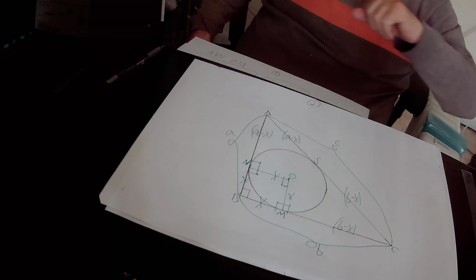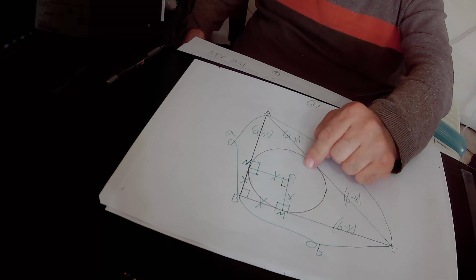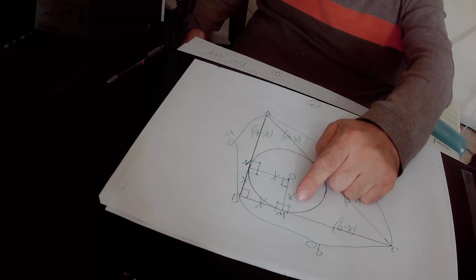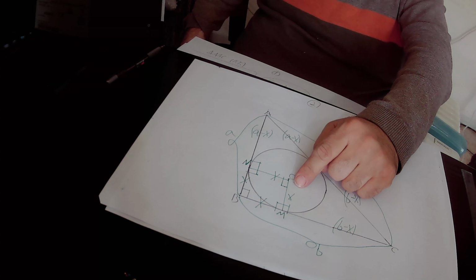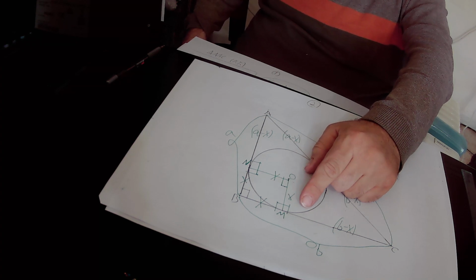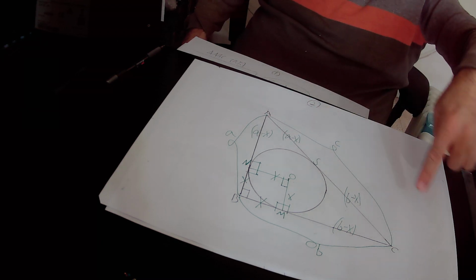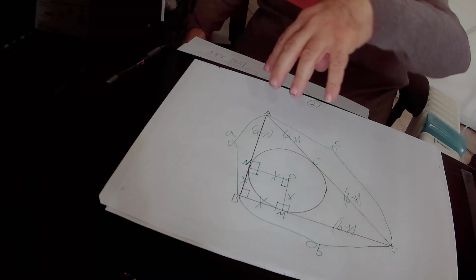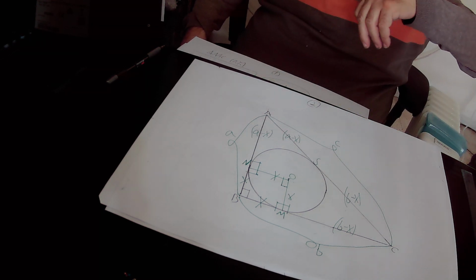We want to find a formula for the length of this radius. The radius of this circle is x according to our definition. We want to find how to calculate the length of the radius of this circle that is enclosed by the right triangle ABC, only by knowing the side lengths of the right triangle ABC that encloses this circle. Okay?